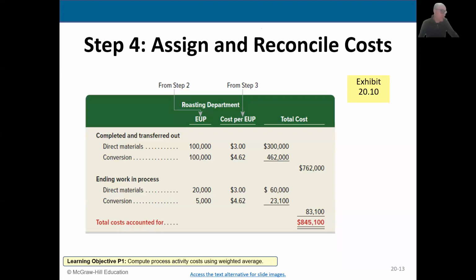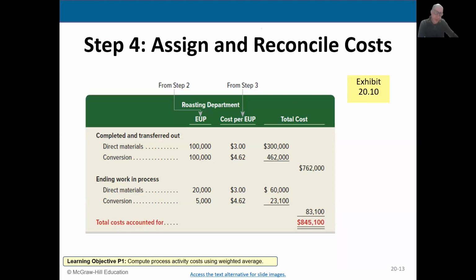Okay, the fourth step in the process is to assign and reconcile costs. We again use the data that we got from the prior two steps, the equivalent units of production and the cost per equivalent unit.